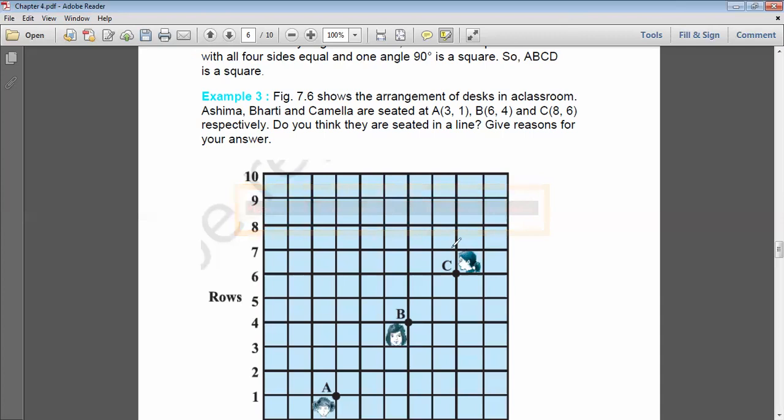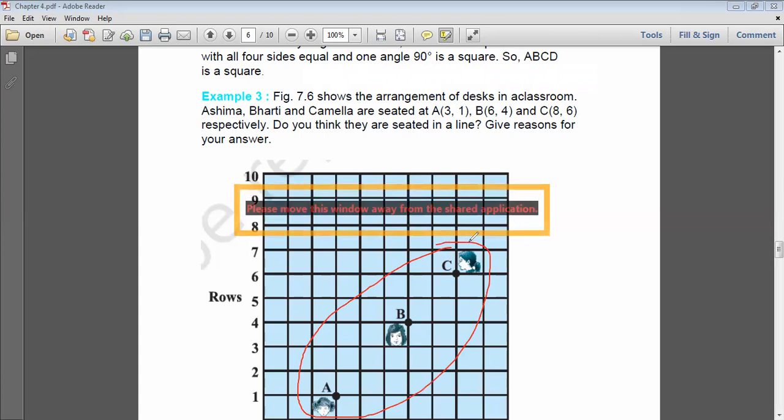Okay, they may be, but if you want to prove it, then you should give a theoretical proof. Then only it will be valid. Otherwise, only by drawing some diagrams, you won't get marks. So you are asked whether they are seated in a line. If so, give reasons for your answer.